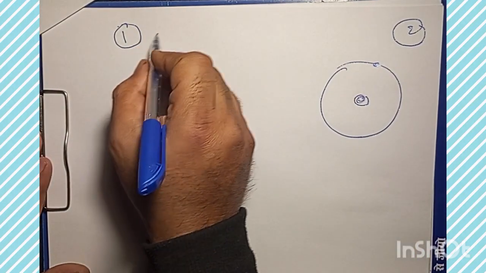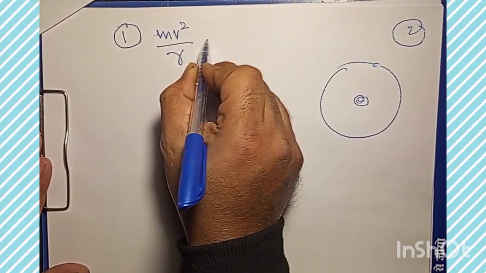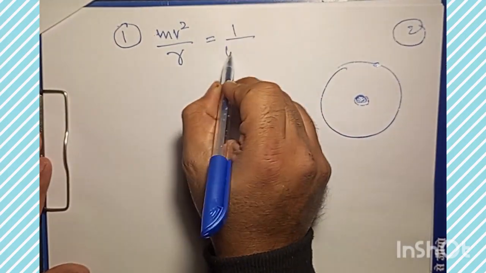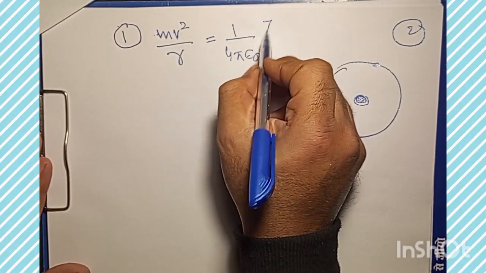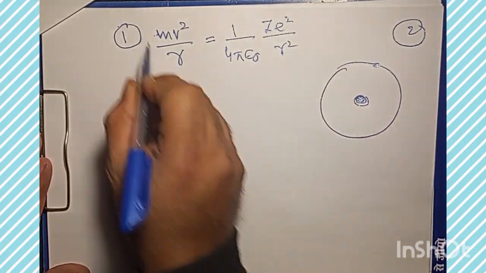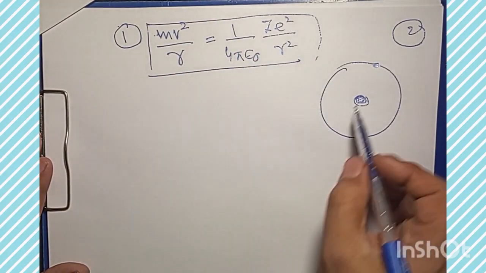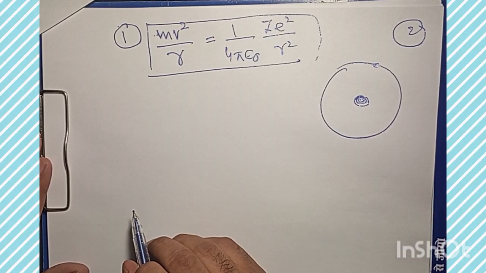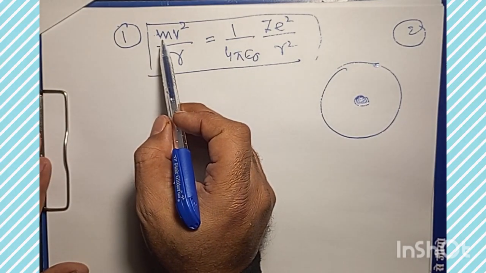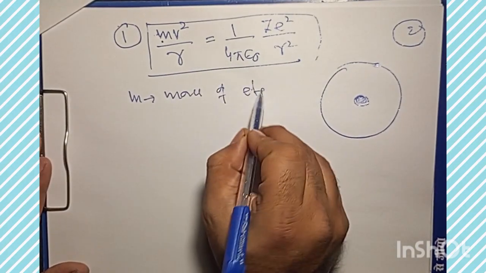And we can have this postulate for the Bohr model that the centripetal force is equal to the electrostatic force between the nucleus and the electron, where we can use Coulomb's law, with Z as the atomic number, Ze squared by r squared.